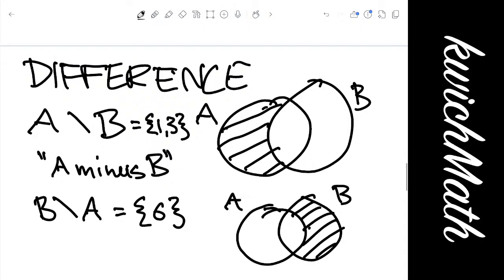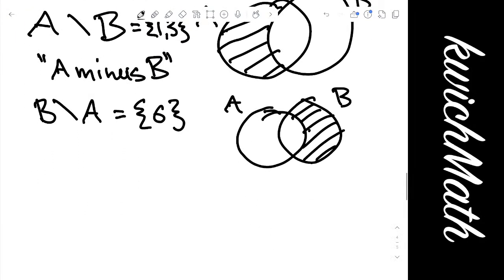How do we write this in set comprehension notation, in set builder notation?